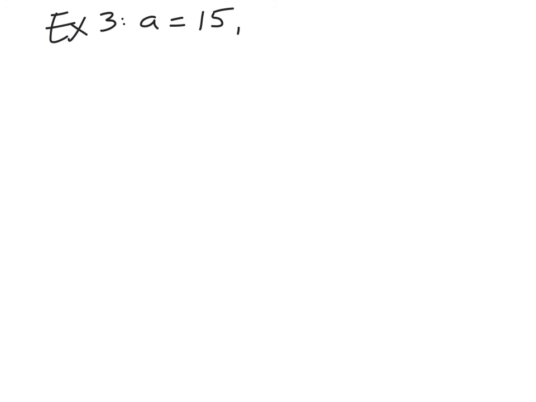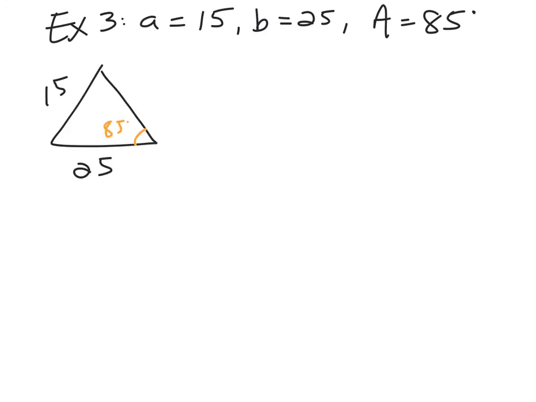No units on this one. Side B is going to equal a length of 25, and angle A is going to be 85 degrees. So we're going to start off the same way. We're going to set up the same thing. Again, the only thing that we can actually find is angle B.